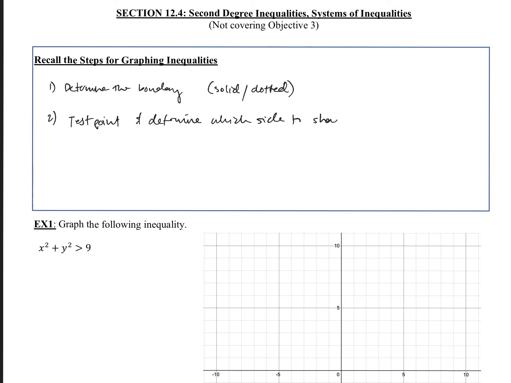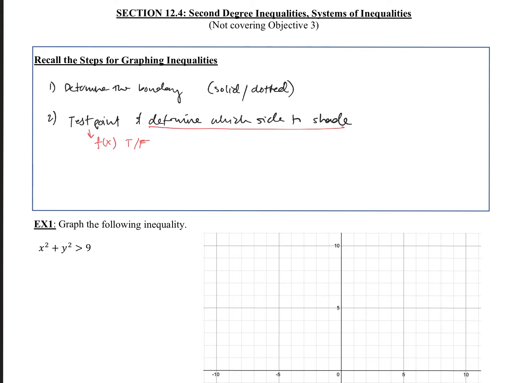How you determine which side to shade depends on whether, when you plug your test point into your equation, it's true or false. That helps you decide which side you should shade.